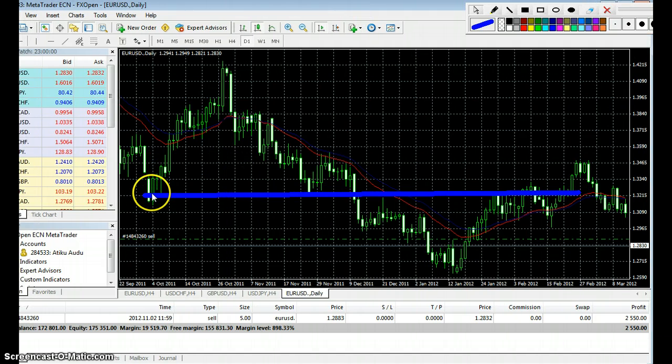It got to that low, then trended all the way back up, and then came back down in November 2011, about a month later, still trended upwards, came back down, and then broke through.